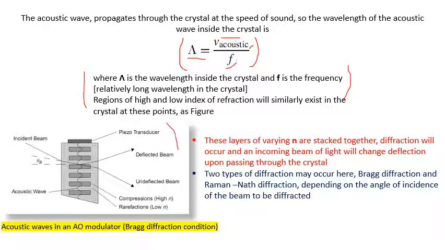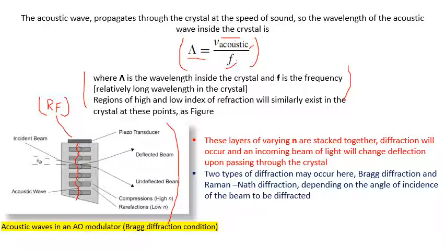This is important for understanding this figure. Once we give the RF signal here, this piezo transducer or piezoelectric crystal starts working. It vibrates with a certain frequency, the radio frequency, and this frequency introduces acoustic waves in this crystal, like you can see here. Because of these acoustic waves, as we studied in the last slide, there is compression and rarefaction.